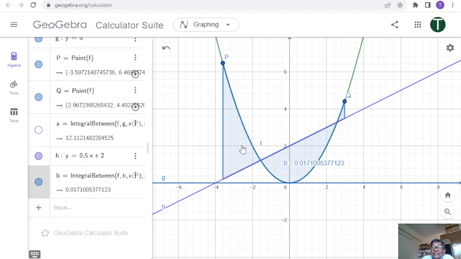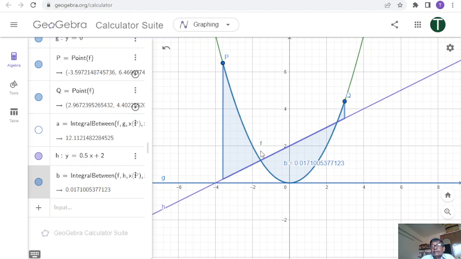You will be physically getting those areas, so you have to calculate this area separately, and during this zone you have to do h minus f from this to this, and from this to this you have to do f minus h once again. I think you have got the idea. So it gives you the algebraic sum of the areas.